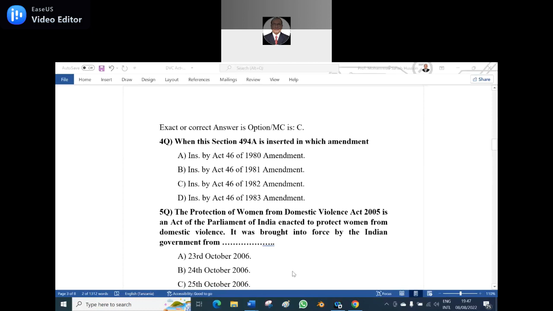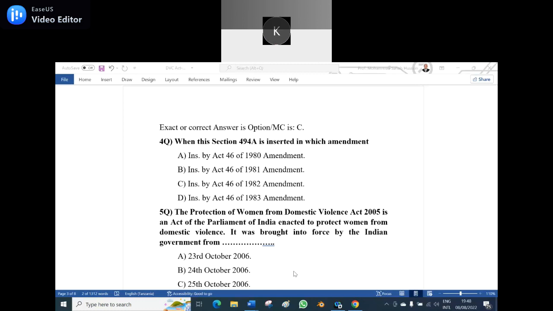When the section 498A is inserted, in which amendment? Option A, inserted by Act 46 of 1980 amendment. Option B, inserted by Act 46 of 1981 amendment.